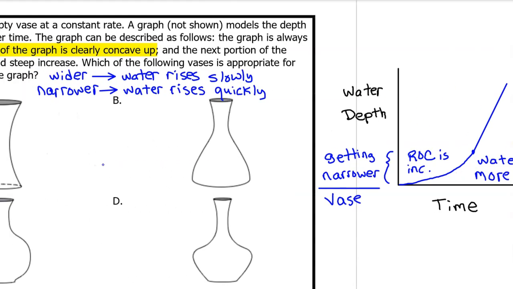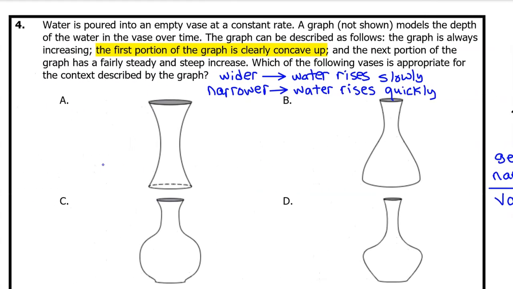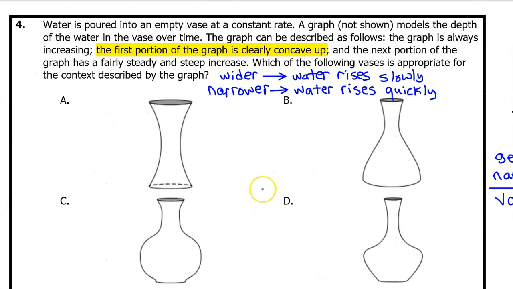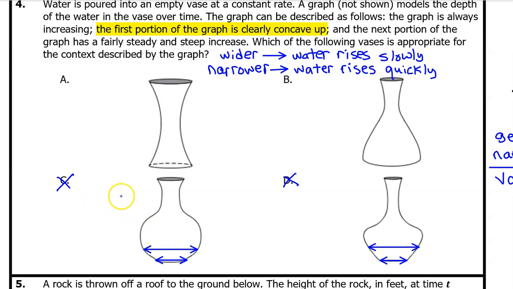So let's look at these four options. Which of these shows a vase where the bottom is getting narrower at first? We can eliminate options C and D because both of these vases get wider during this first interval as we begin to fill the vase with water.